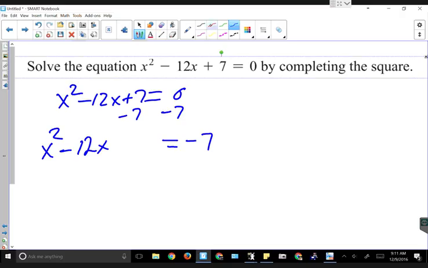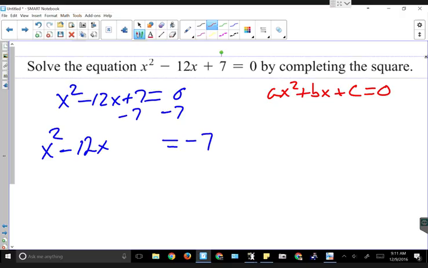First thing that we've got to do is identify which one of these is b. Now remember, we're dealing with ax squared plus bx plus c is equal to 0. This is what we start off with. What we need to do is find out what 1/2 of b is.